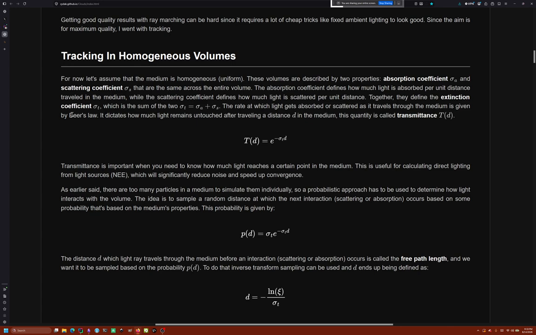and that's given by Beer's law. Beer's law dictates how much light remains untouched after traveling a distance d in the medium. This quantity is called transmittance. So the transmittance for a certain depth is e to the negative sigma t times d, the distance.